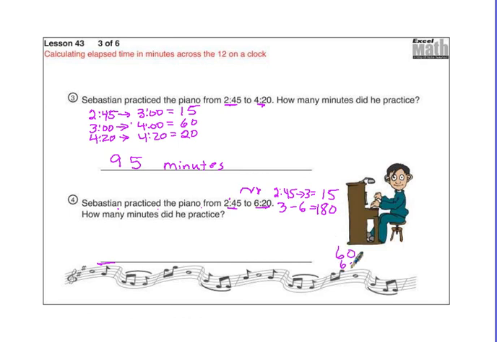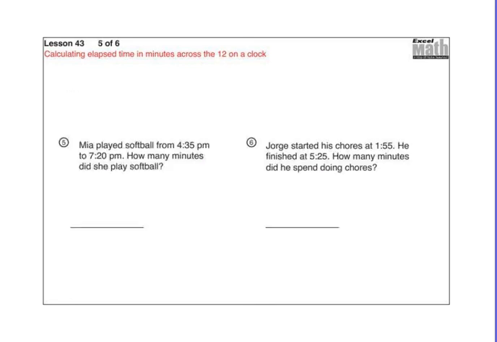Or you could write 60, 60, and 60 if you like to. And then from 6 to 6:20 is obviously 20 minutes. Now when I add all these together, 180 plus 20 is 200, 215. You should have gotten 215 minutes. All right, keep moving on.